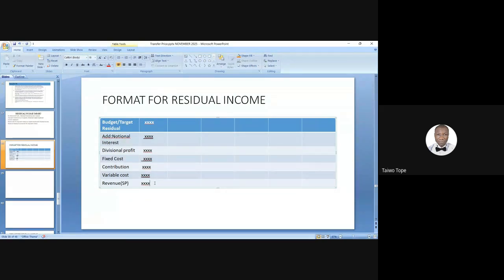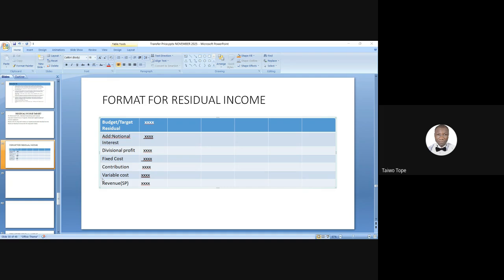Now, a division can have external customers. Aside selling to the internal division, there can be external sales in this revenue. For you to determine the transfer price for a division within your organization, you must remove the elements of the external sales, external revenue, from this overall revenue.